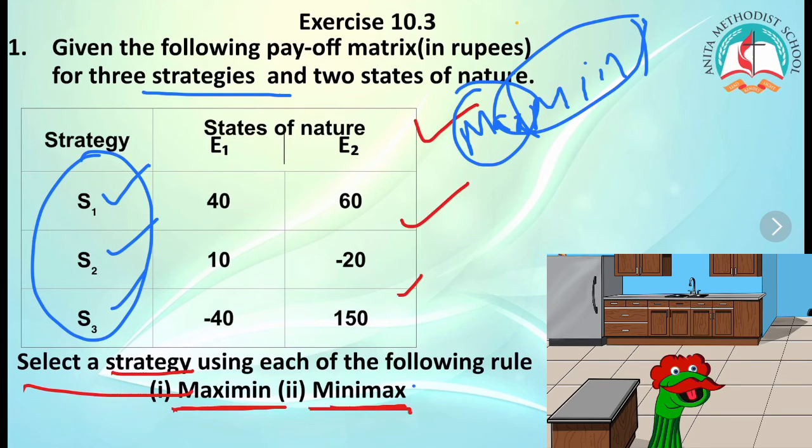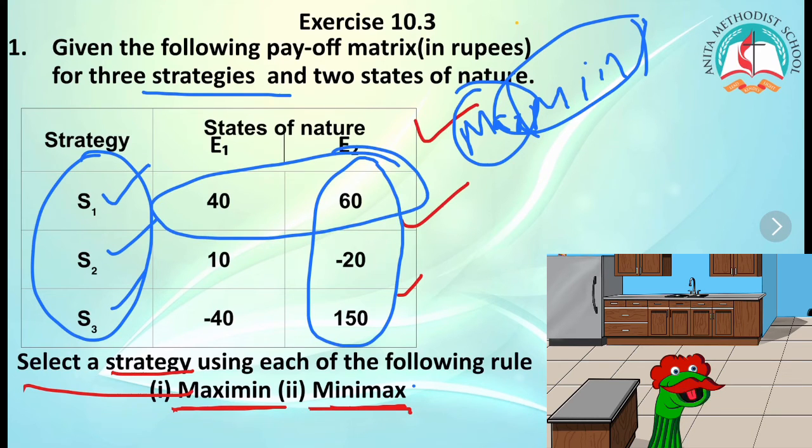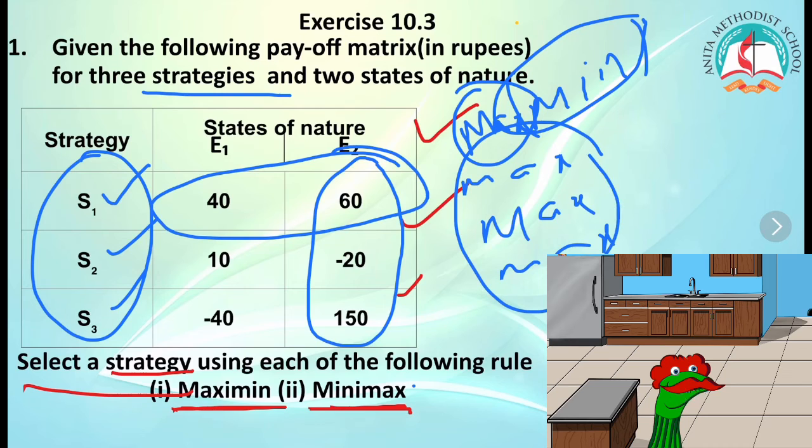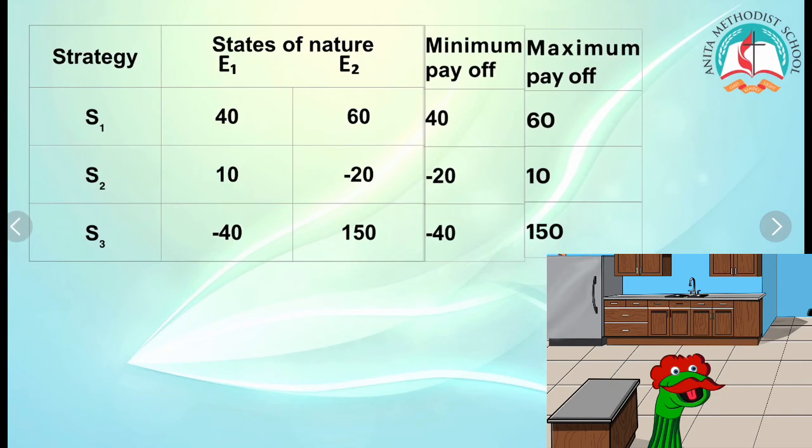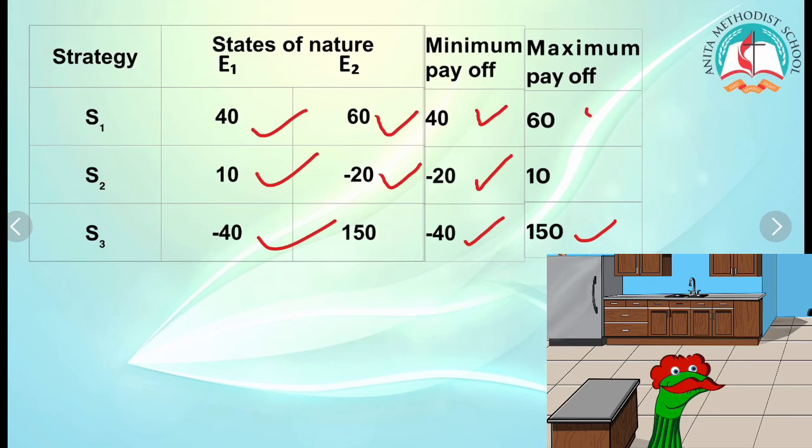Similarly for minimax, you have to choose the maximum number. So you have to choose the maximum number from every row, then you have to choose among this whichever is the minimum number. Okay, now let us see the solution, and it's given. Now you write the smallest numbers: 40, minus 20 and minus 40, and the maximum numbers are what? 60, 10 and 150.